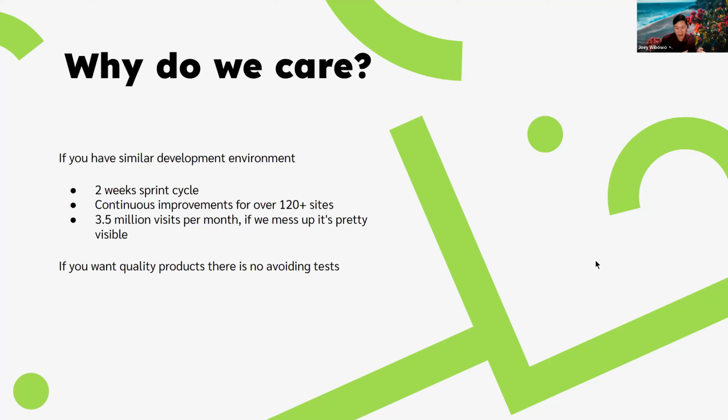So if we mess up and something gets into our live sites, it's gonna be pretty visible, and people are gonna yell at you and complain. Hopefully not, but that's kind of how it is sometimes. So if you want quality products, I don't think there's a way to avoid testing your product.